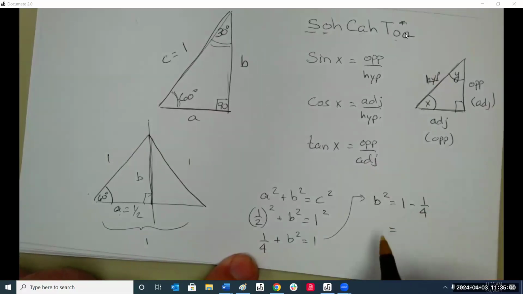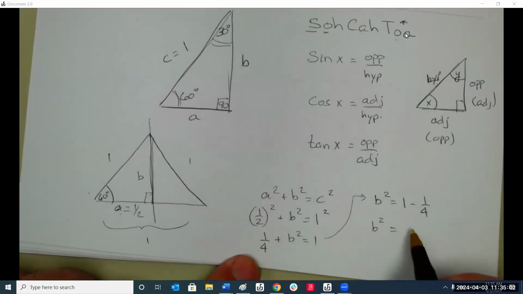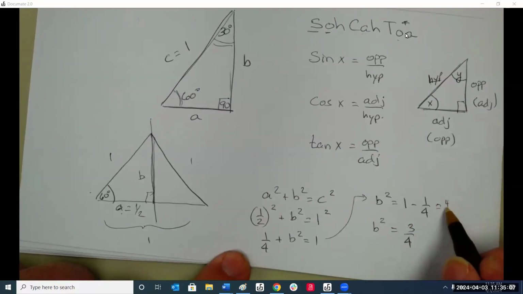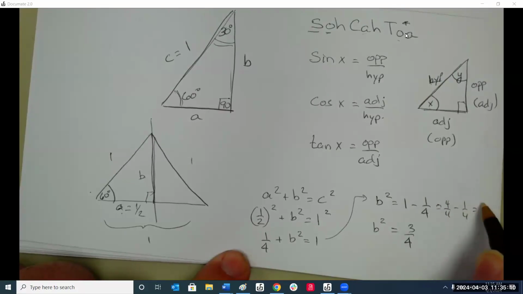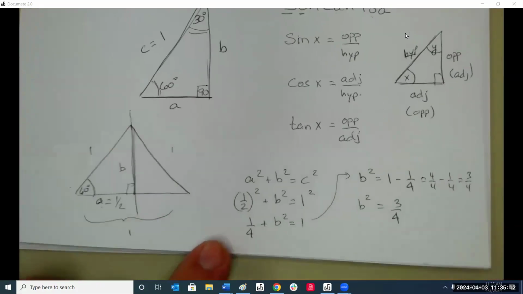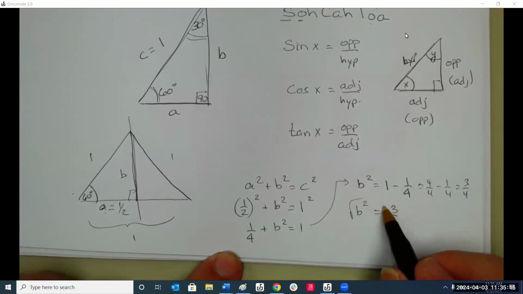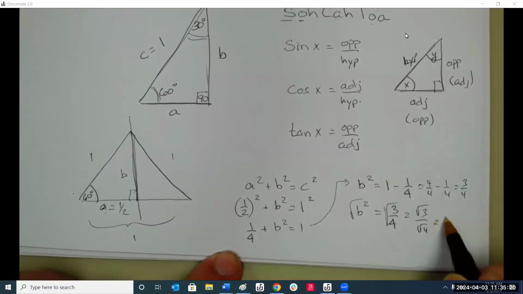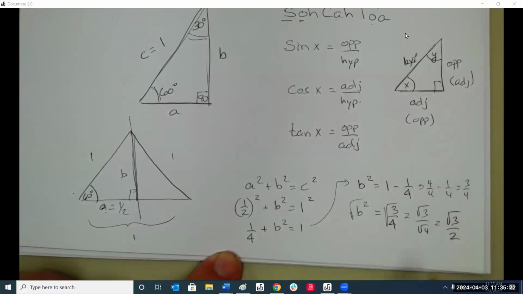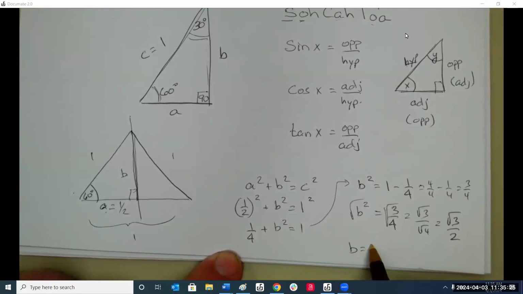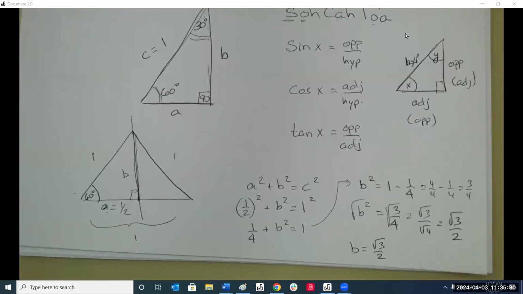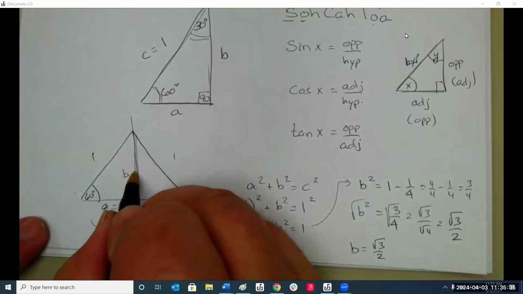What is 1 minus 1/4? Because this is 4/4 minus 1/4, which is 3/4. Square root both sides, which becomes square root of 3 over 2. So that's what this one equals.